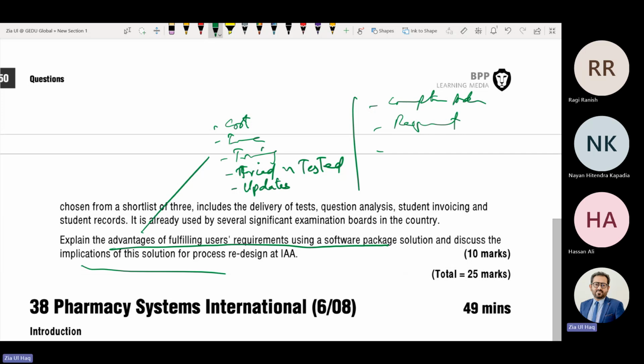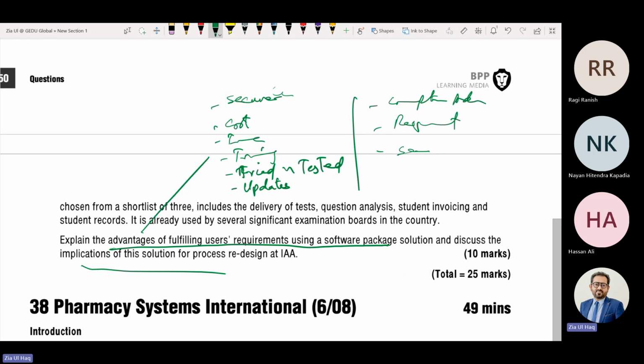It will be more secure as well. Security issue will be there because tried and tested. So ultimately, it will be secure. Or we can discuss the security issue here because we are using the software of a supplier. They have control over the software.